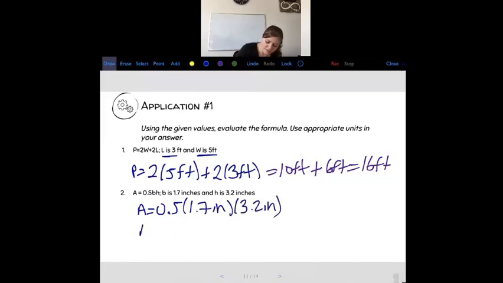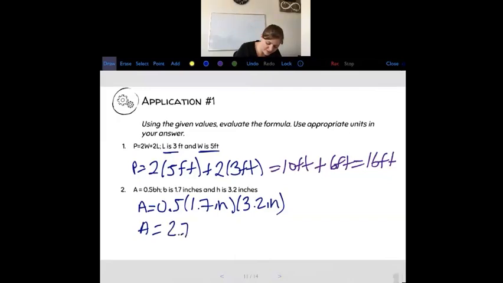Okay. So when we multiply this out, you would be doing 0.5 times 1.7 times 3.2. Which is 2.72 for the numbers, but be careful, inches times inches is inches squared.